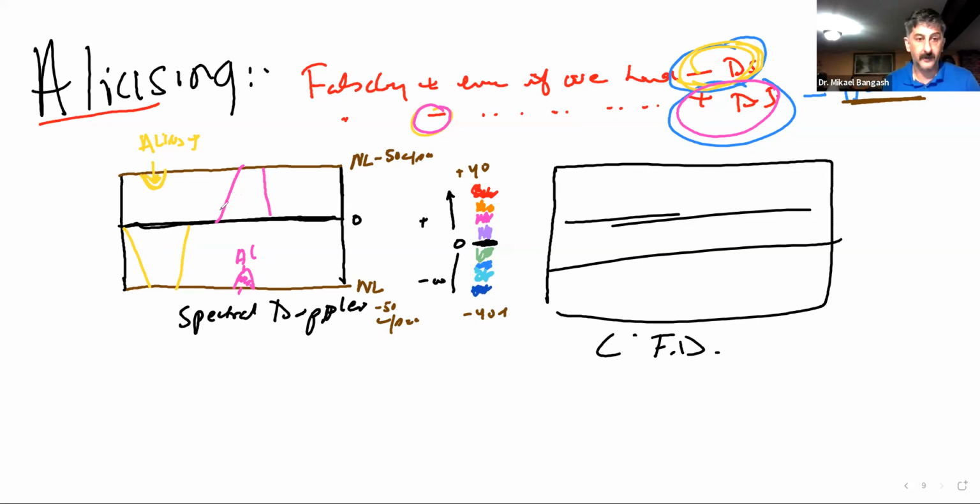Or likewise, we had a positive Doppler shift with aliasing. That aliasing was going to be shown along the Nyquist limit line of your negative Doppler shift. It gives us an impression as if we had a negative Doppler shift as well. Did you ladies get that?